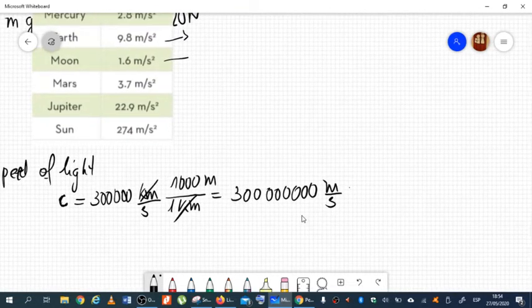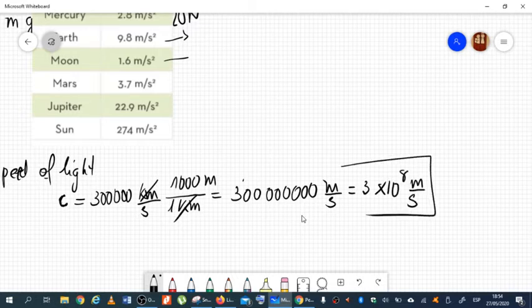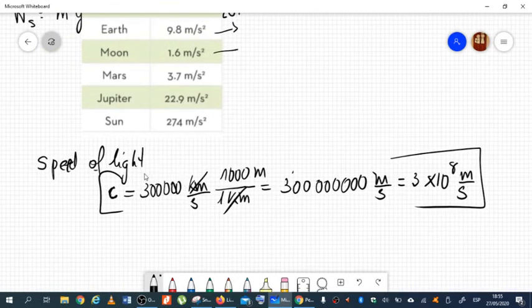And if we convert this to scientific notation, we put the comma here, so we have 3 times 10 to the power of 8 meters per second. Okay, this is the speed of light in the international system. 3 times 10 to the power of 8 meters per second. Okay, although it is well known as 300,000 kilometers per second.